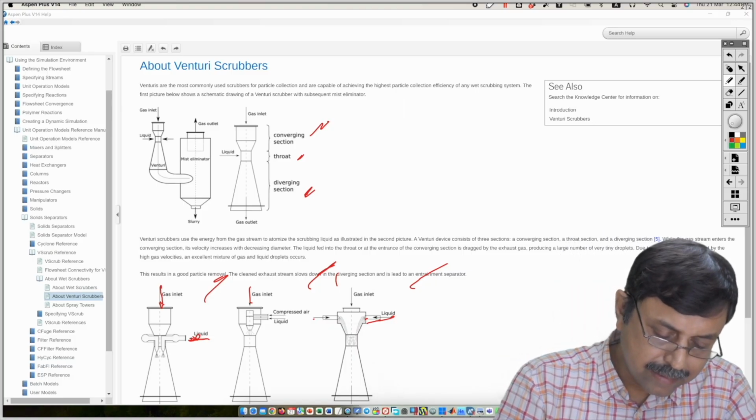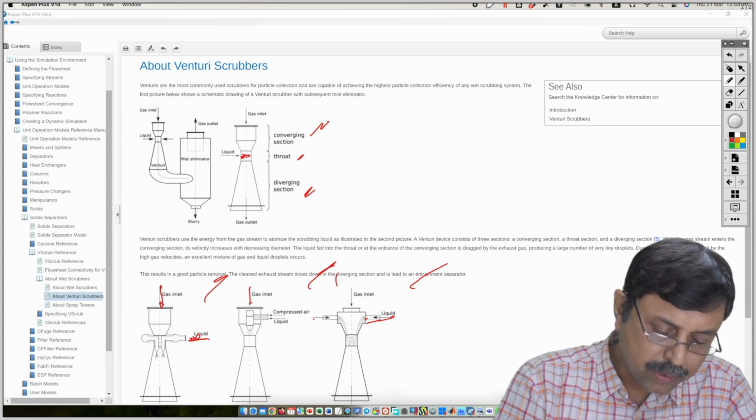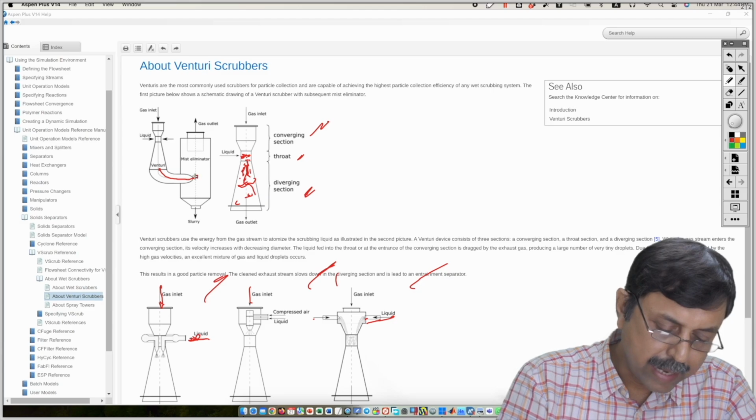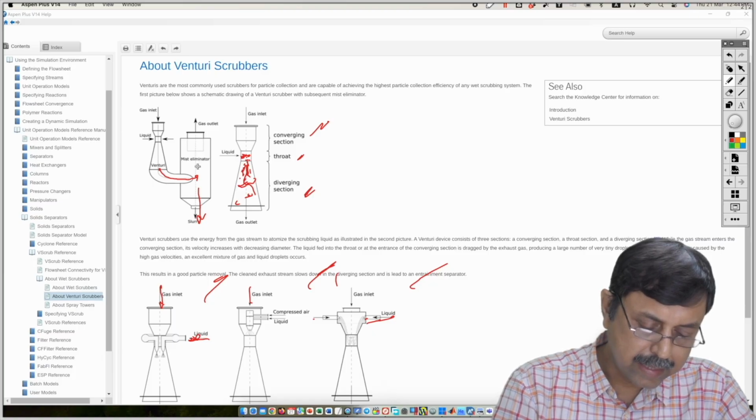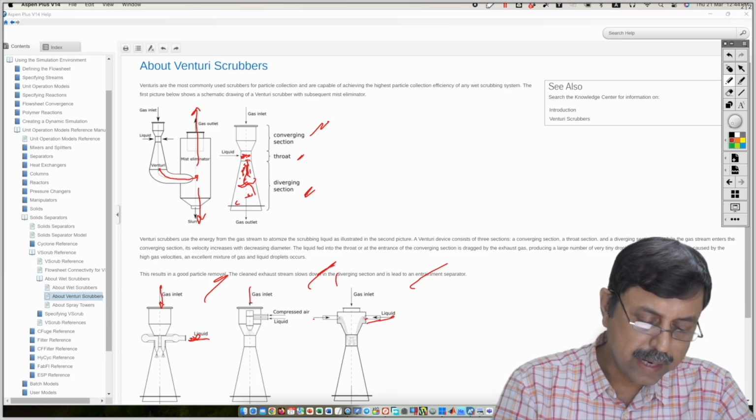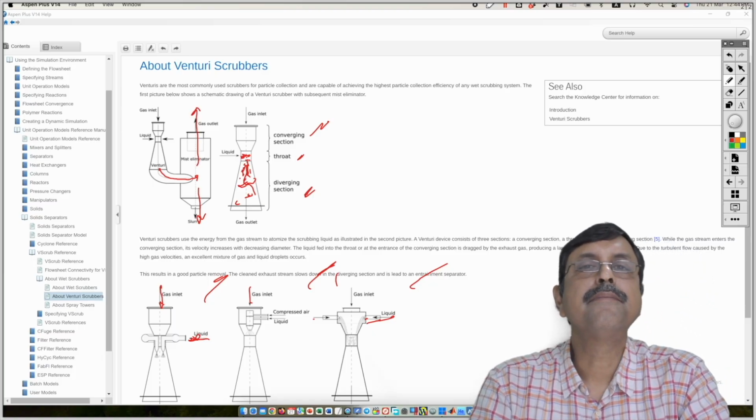And as the particulate matter gets arrested in the liquid phase, due to this Venturi section and high pressure, the liquid phase is sprayed over this region and it is transferred to another vessel where the slurry goes out like this, and the clean gas outlet is something like this.